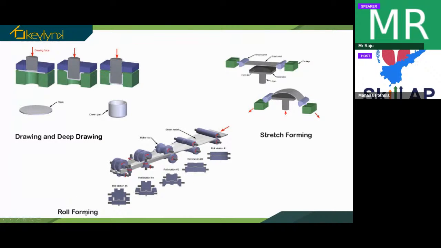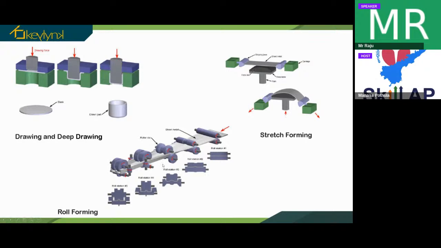And then we have roll forming. Roll forming is nothing but the sheet metal will be rolled between the rollers. In the first station, it will be rolled like this, and then in the second station, there will be a small hollow structure like this, so that it will give a hollowed structure or a bent structure on the sheet metal.